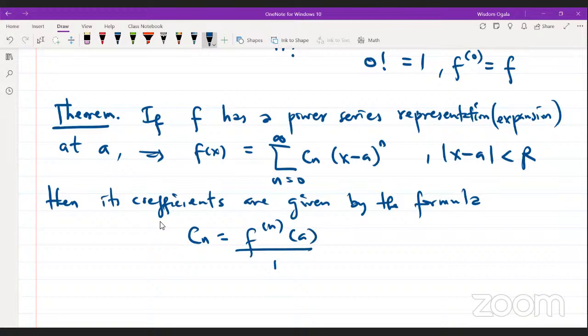Now, your n is free to start from 0 and go on and on, not a negative number.